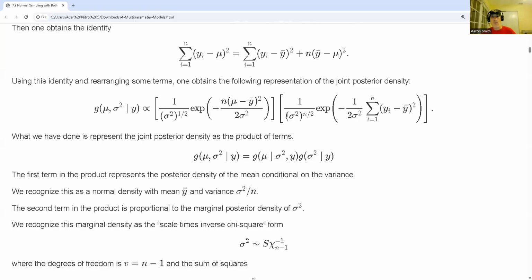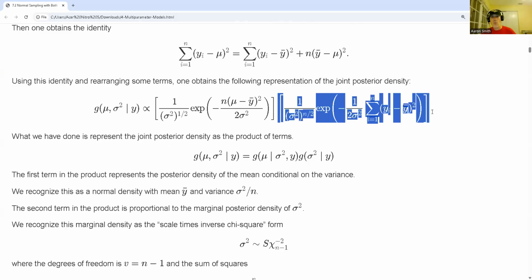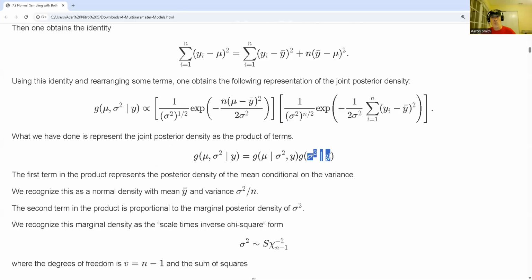And you see how I've got that set up, that this part corresponds to the variance portion, and this part corresponds to the mean given the variance and the data. The first term of the product represents the posterior density of the mean conditional on the variance. Okay, so we recognize this as a normal density with mean y bar and variance sigma squared over n.